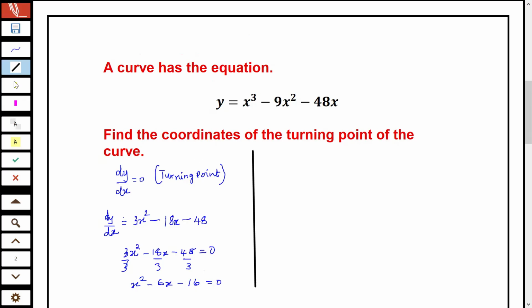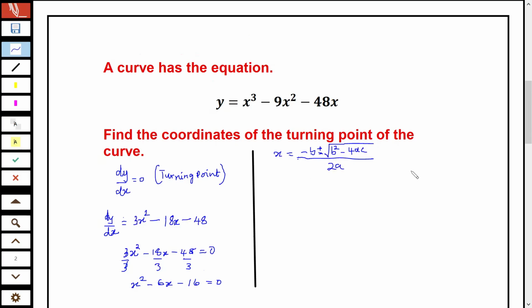And by applying the quadratic formula method, here the formula says x equals negative b plus or minus the square root of b squared minus 4ac, over 2a.